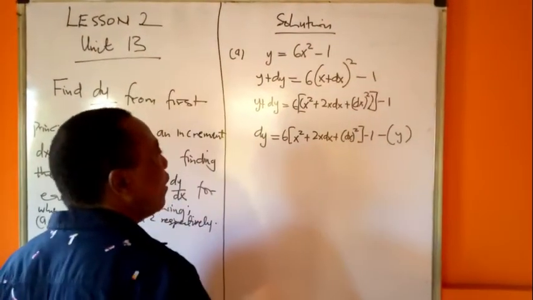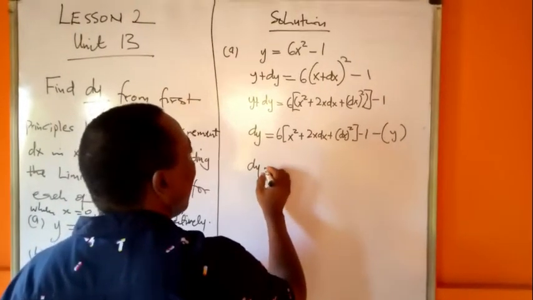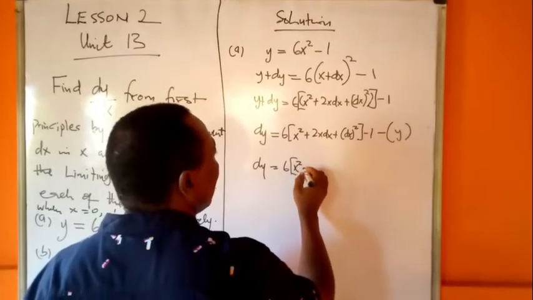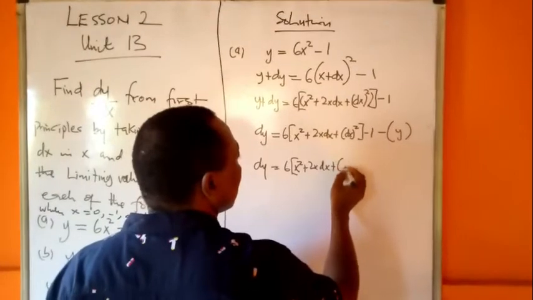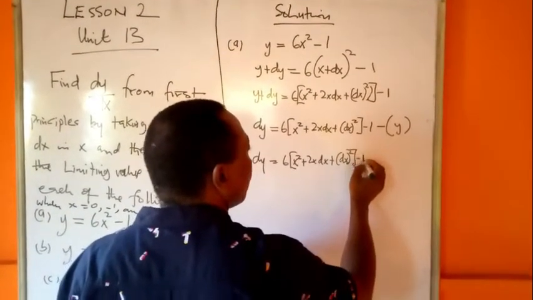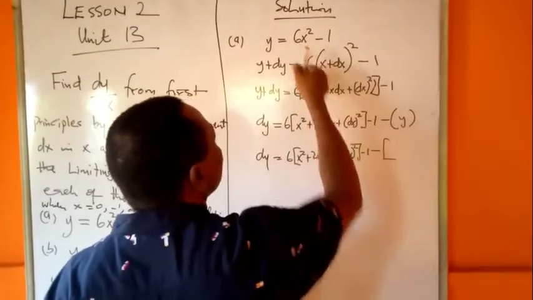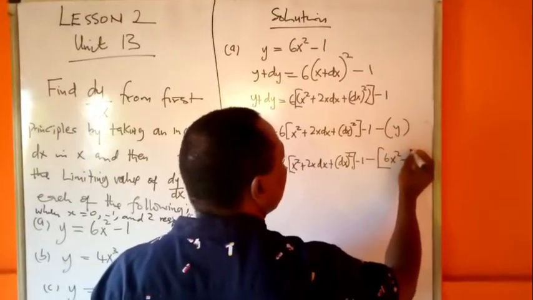And what is y? y equals 6x squared minus 1.